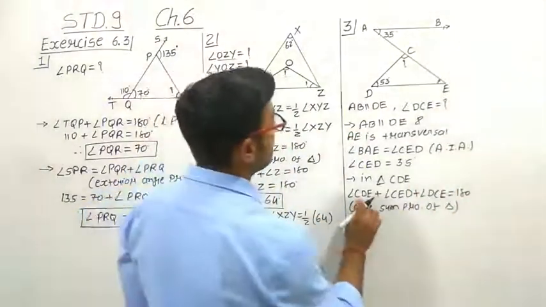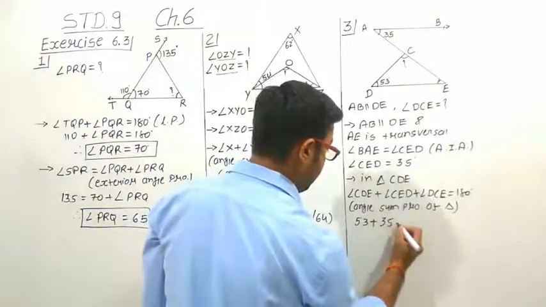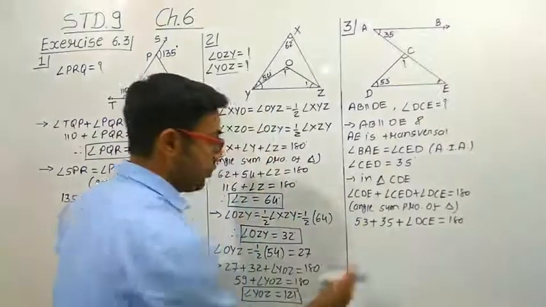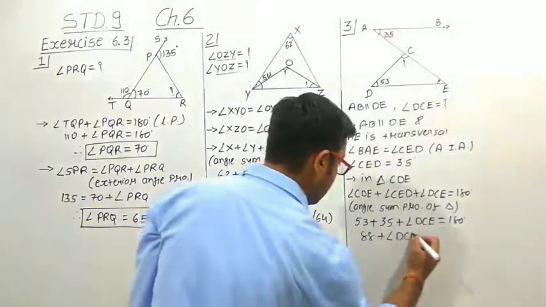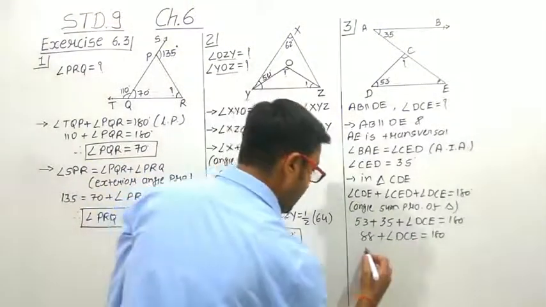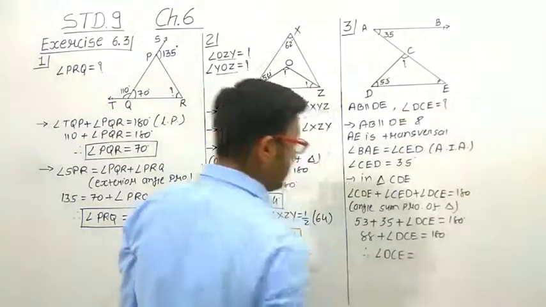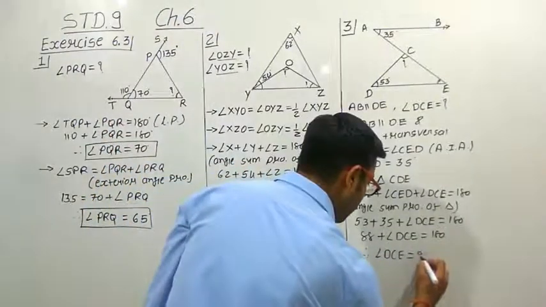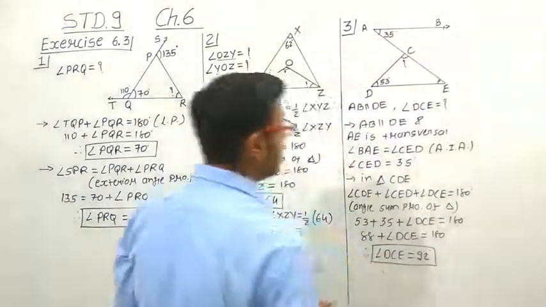Now put down all the values: CDE is 53, CED is 35, and angle DCE we have to find out. Total is 180 degrees. Now the addition of these two angles is 88, plus angle DCE is equal to 180 degrees. Now take this 88 to the right hand side, and we get angle DCE equal to 180 minus 88, that is 92 degrees. So this is the value of angle DCE.